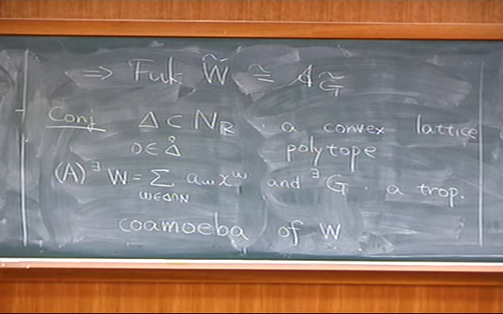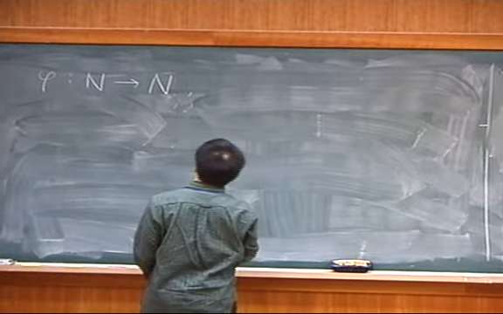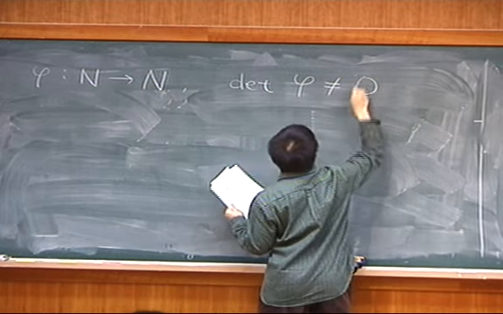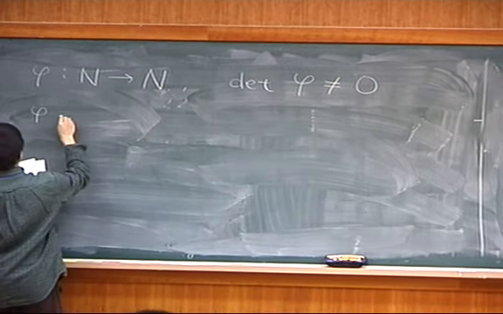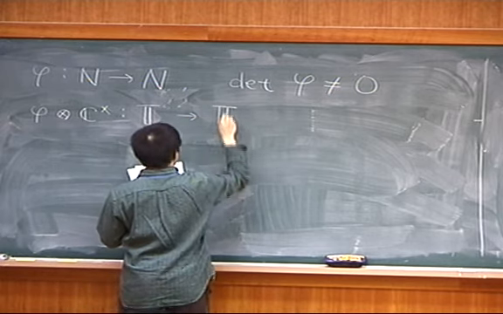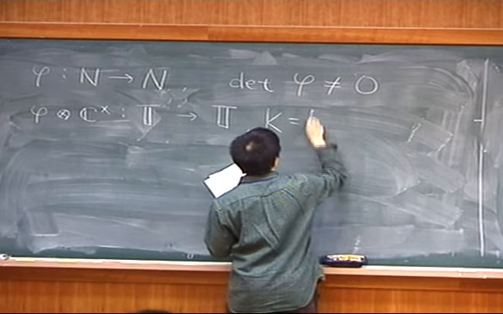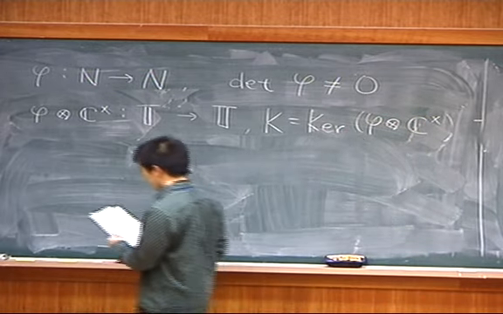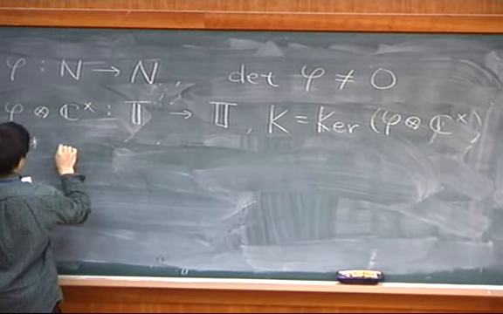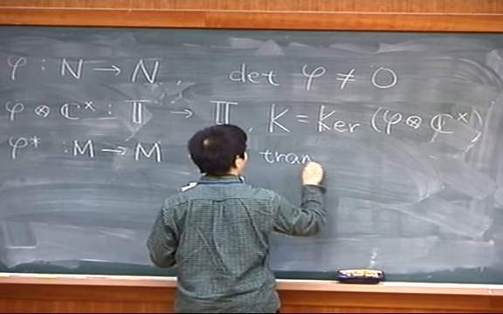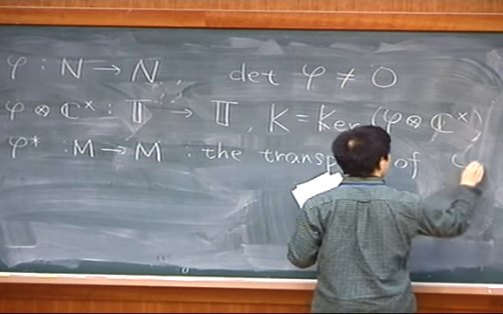And so let phi be a homomorphism of abelian groups, which is regular, and then we have a homomorphism of the torus, and let K be the kernel of this homomorphism, and let phi star be the transpose of phi.